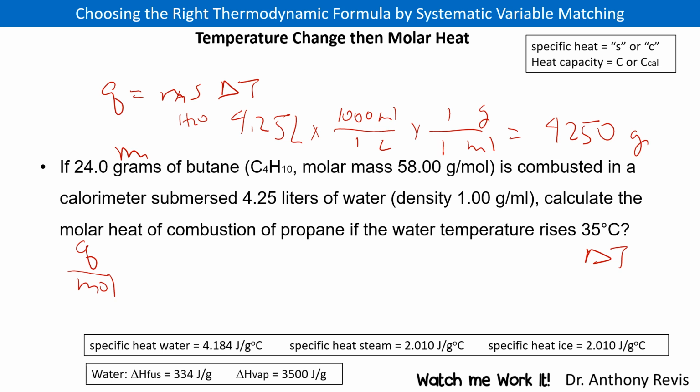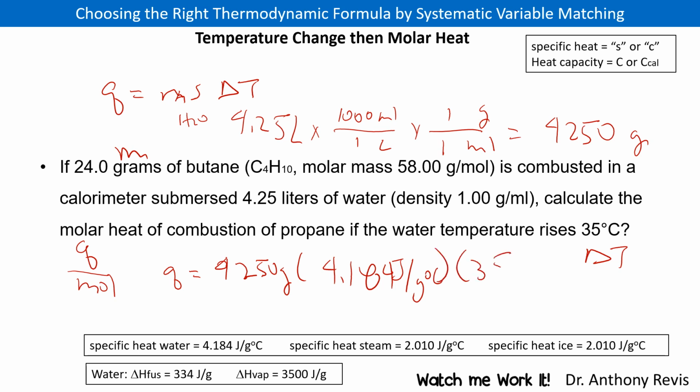Okay, so in this case, you would just plug these in. Your mass would be the 4,250 grams of water, because we know the specific heat of water is this value, times this delta T. So we would get a value here, and that's Q. After we get Q, we'll convert this 24 grams to moles.